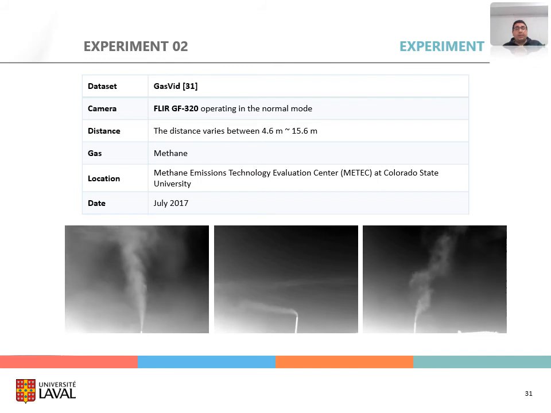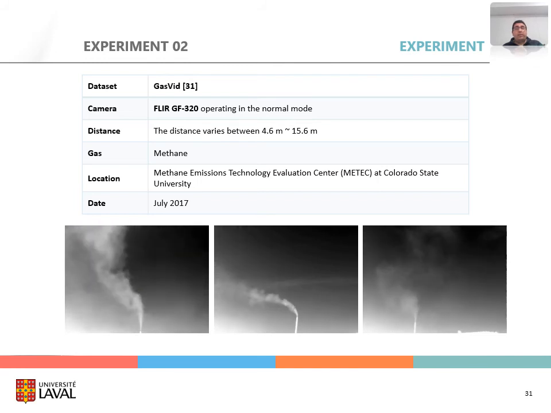The second experiment was conducted with the gas dataset that is actually available in the reference provided here. The camera they used was a FLIR GF320 operating in the normal mode. The distance between the camera and the gas leak was varied between 4.6 meters to 15.6 meters.